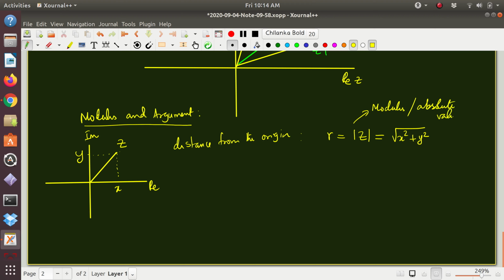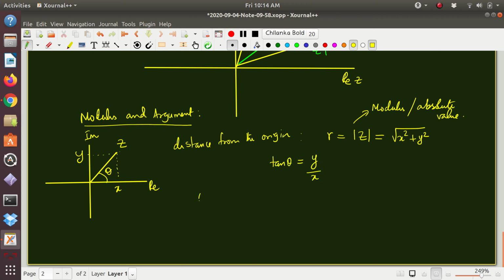or the absolute value of a complex number. Now you can also, of course, describe it in terms of an angle theta made by the line joining the origin to the point with the x-axis or the real axis. That theta is of course given by tan theta is equal to y by x.